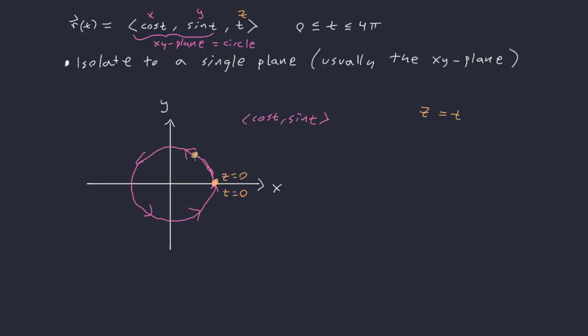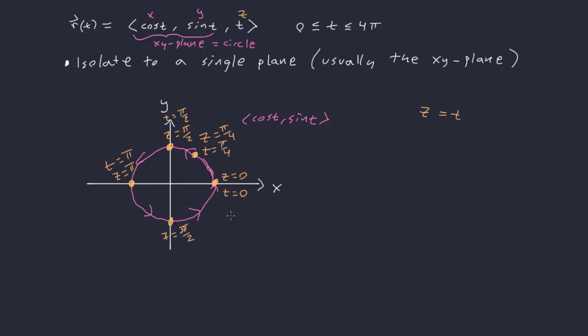When t is equal to pi over 4, z is also equal to pi over 4. When t is equal to pi over 2, well, so is z. Then z would be pi when t is pi, and so on. Here z would be 3 pi over 2.